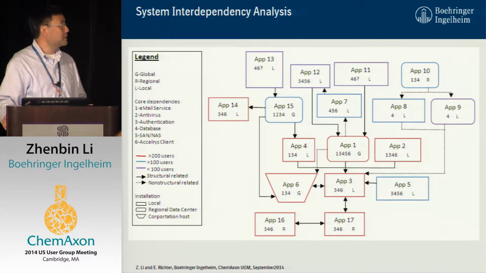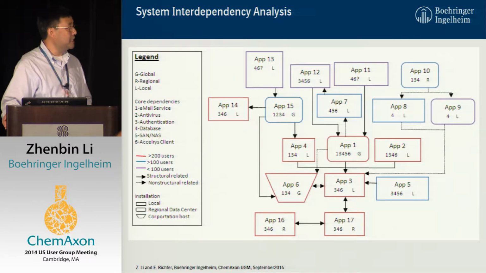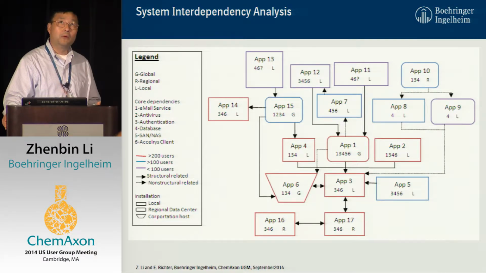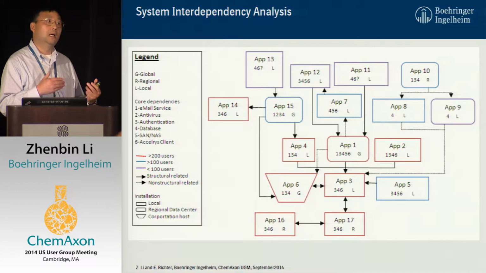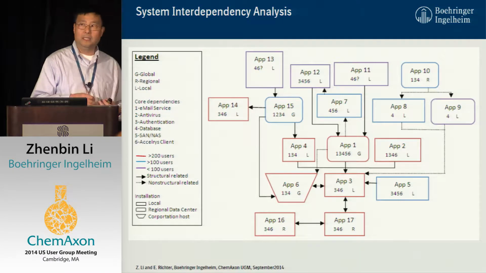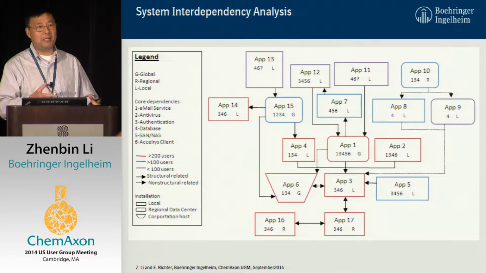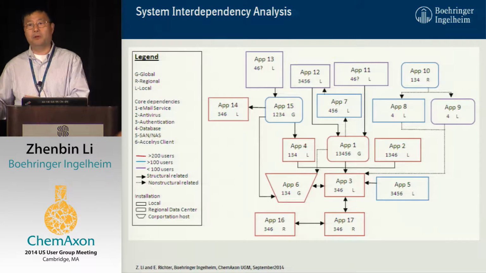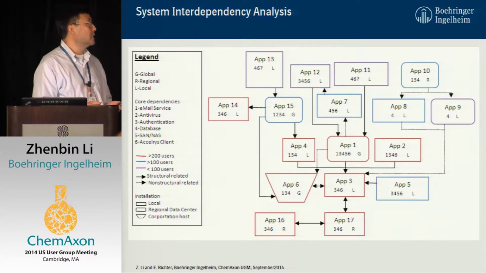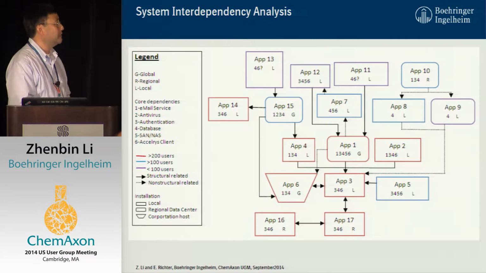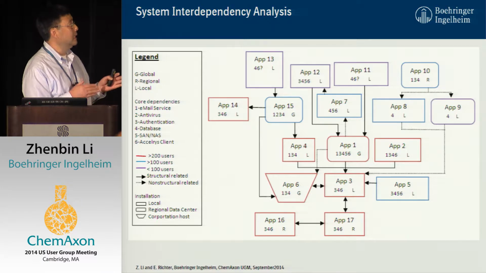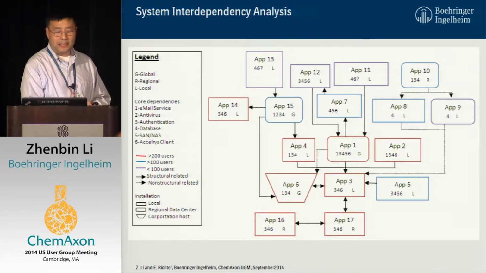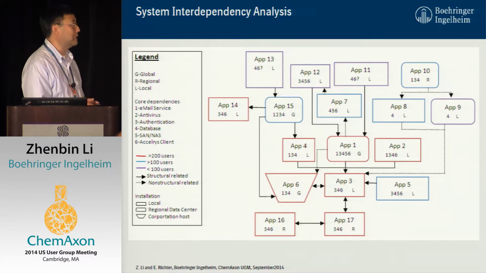So we realize there are some disadvantages with evolutional, but we do feel the evolutional approach can deconvolute the complexity of the migration task into more manageable IS projects. In order to do that, the first thing we need to do is the interdependency analysis and interrelation analysis.